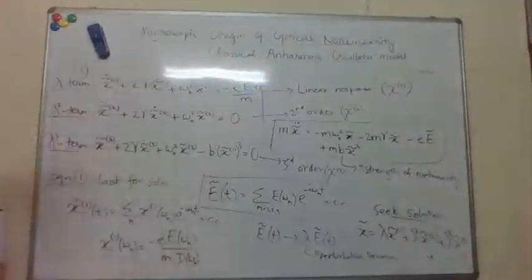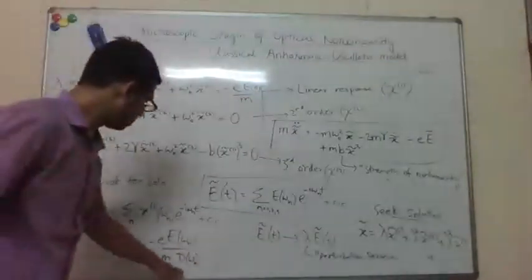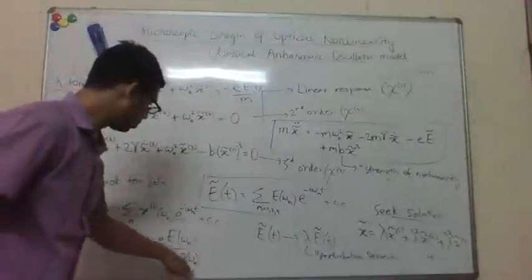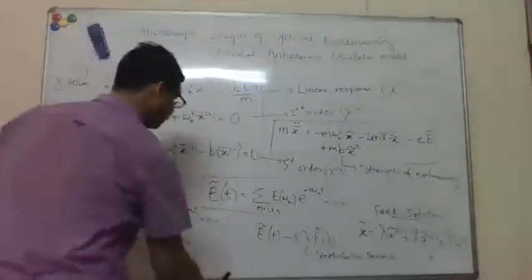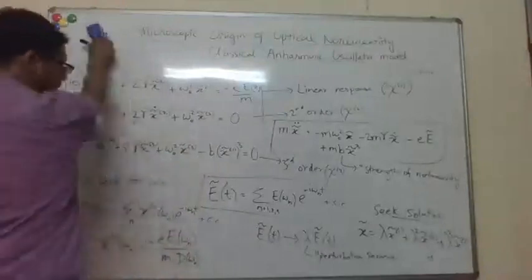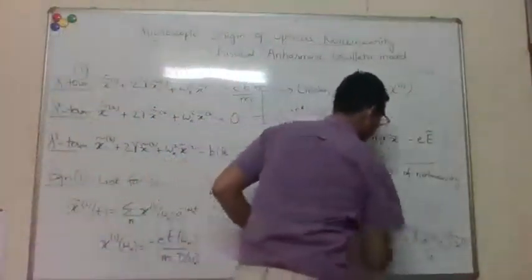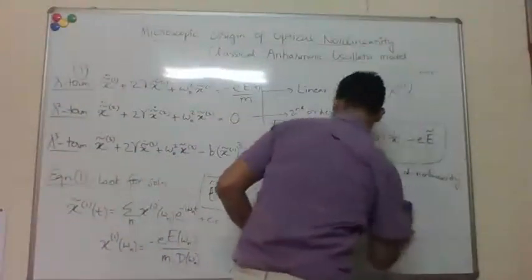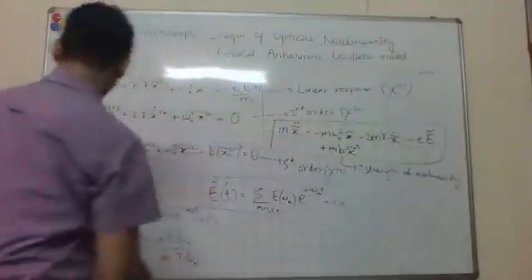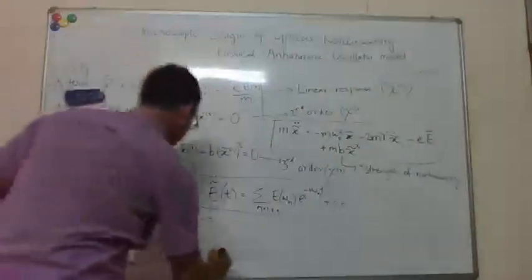And in the denominator you get this term which we define as d of omega n. So this d of omega n is a function, right?